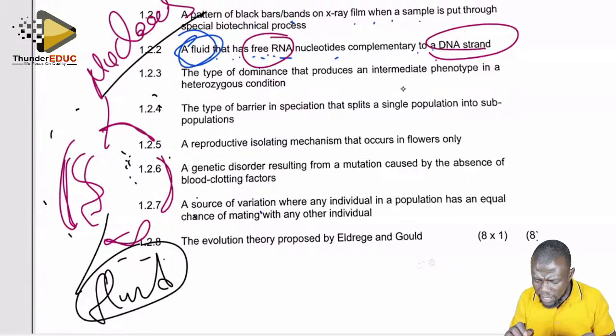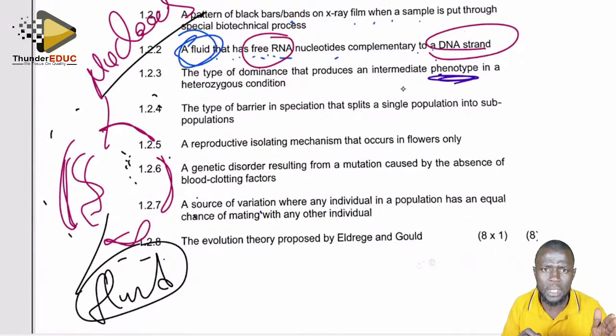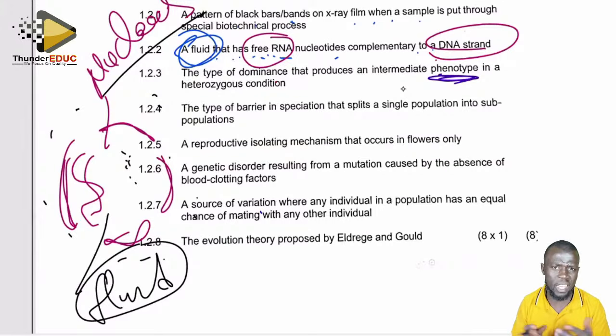The type of dominance that produces an intermediate phenotype. Whenever we talk about intermediate phenotypes, we're talking about incomplete dominance. For example, none of the two is completely dominant over the other. It means that each contributes 50%. I always give an example of presidents.